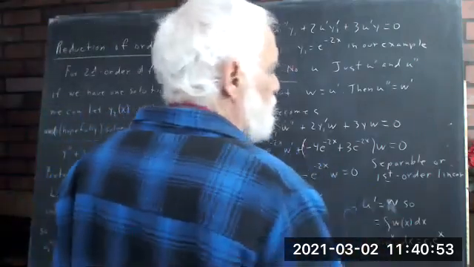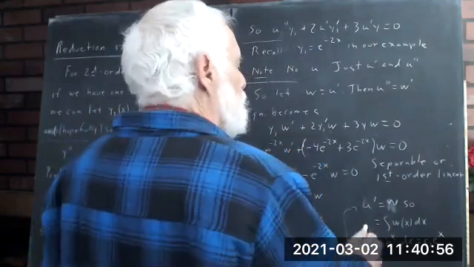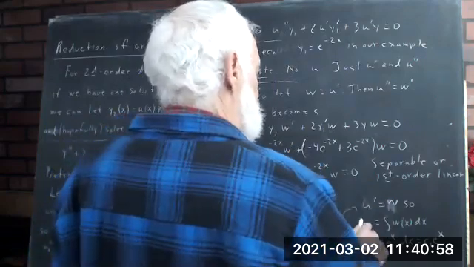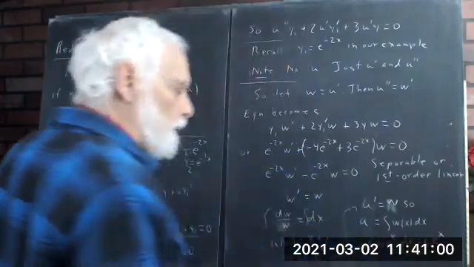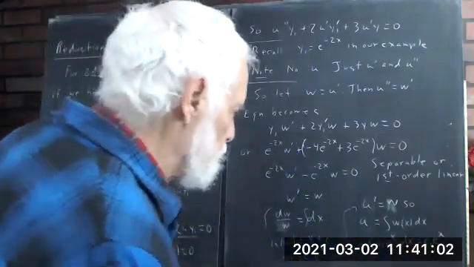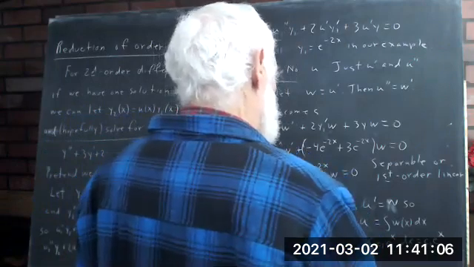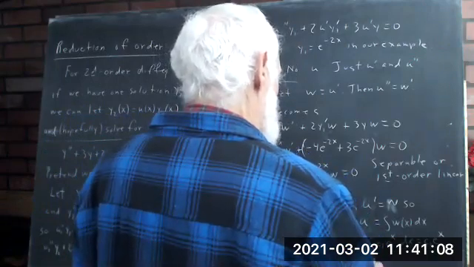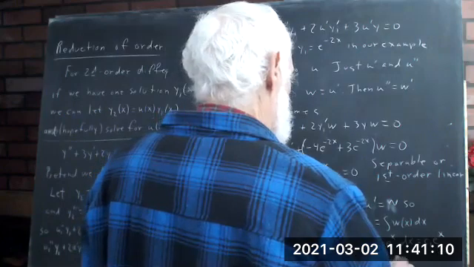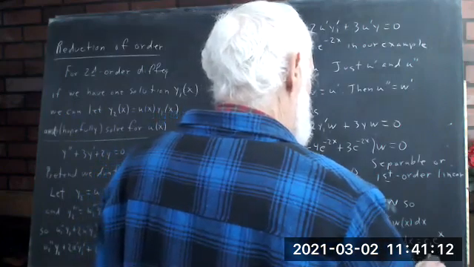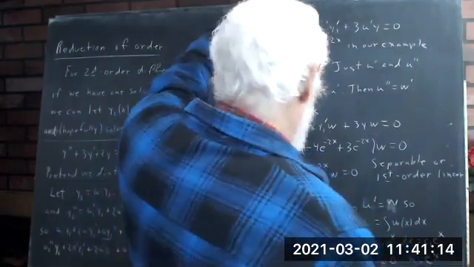Okay, u prime is w. So u is the antiderivative of w with respect to x. So u is c1 e to the x. Let c1 equal 0. So u equals e to the x.